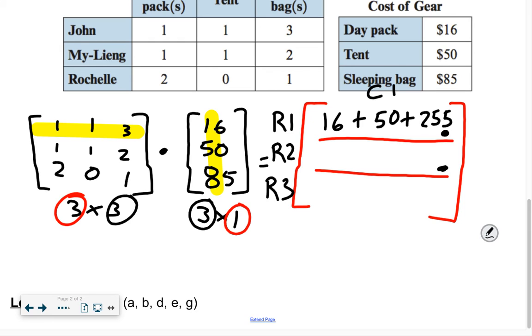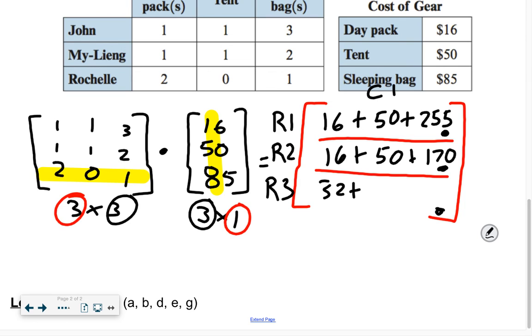Let's move on to the next one. Now we are using row 2. 1 times 16, 1 times 50, 2 times 85. Lastly, that is located in row 3, column 1. Row 3, column 1. 2 times 16 now is 32. Be careful here. A lot of people will put 50.